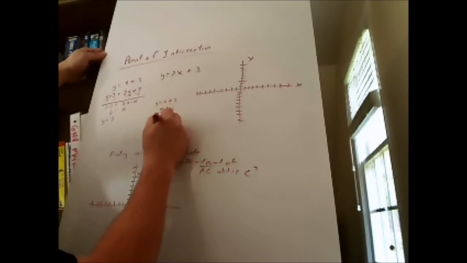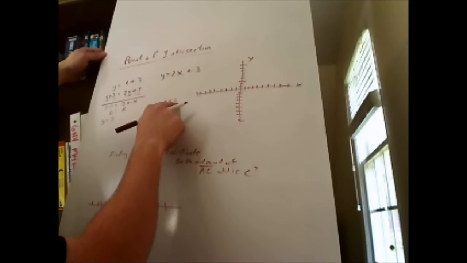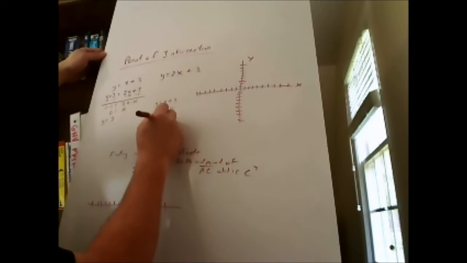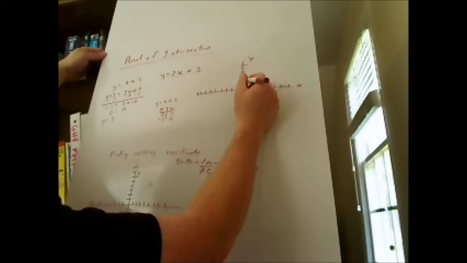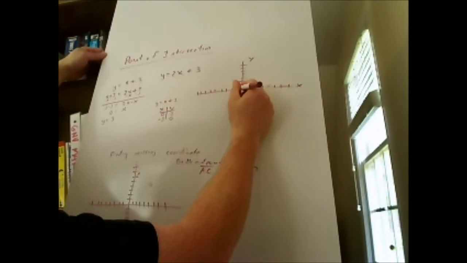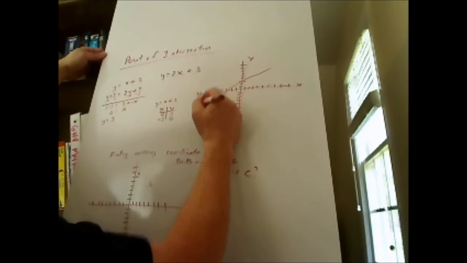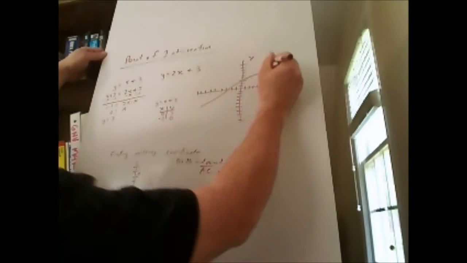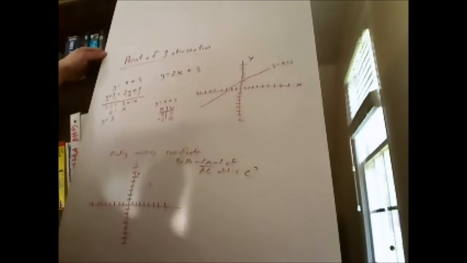The next one: if y is 0, x plus 3 is 0, so x is minus 3. So we have the first point, x is 0, y is 3, and we have x is minus 3. Of course, it's not very straight. So this is basically y equals x plus 3.